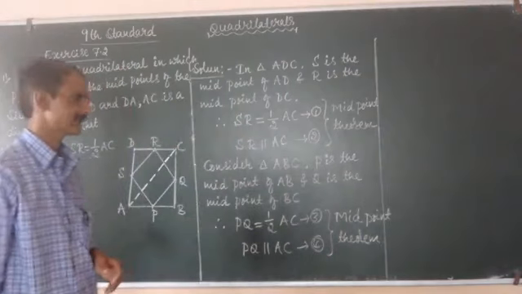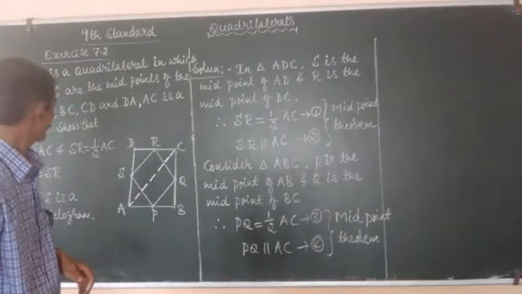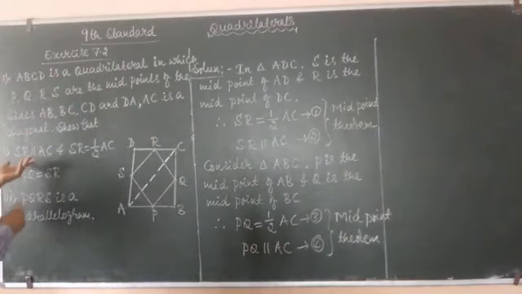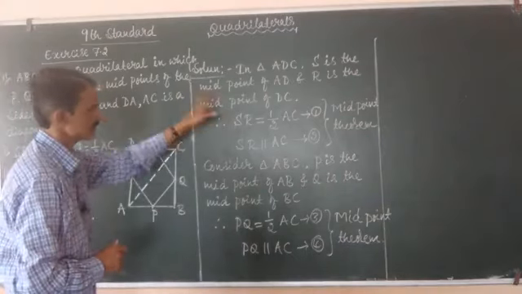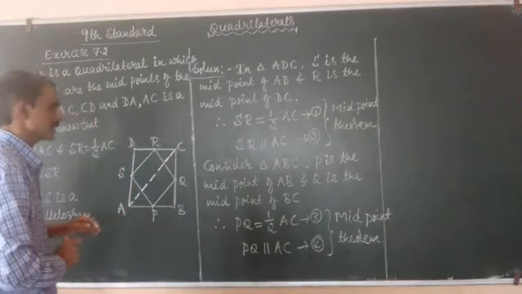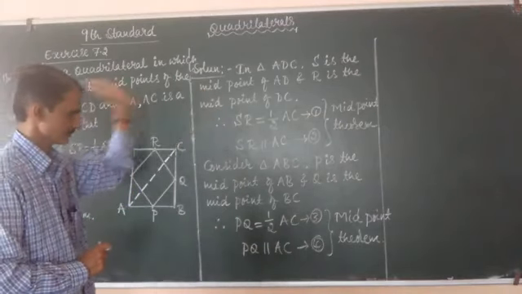So now observe, we have to prove SR is parallel to AC and SR is equal to half of AC. This we have written, so that means we have already proved it.